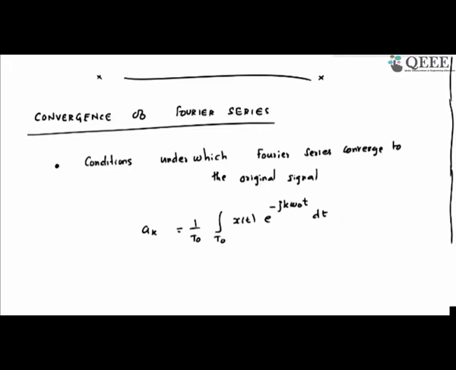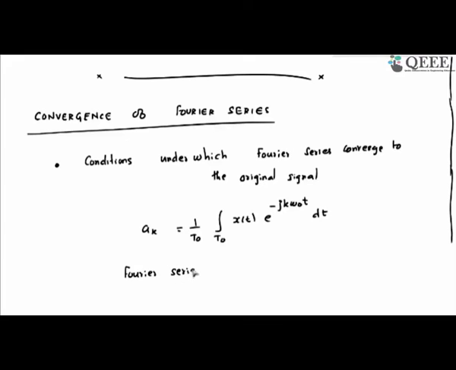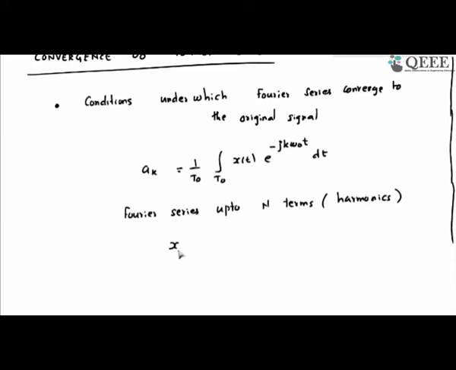So you can find ak and compute this Fourier series up to n terms or harmonics. So xn of t is sum from minus n to plus n ak e power jk omega naught t. So we can compute this because there are only finite terms in the summation, we can actually do it, right.